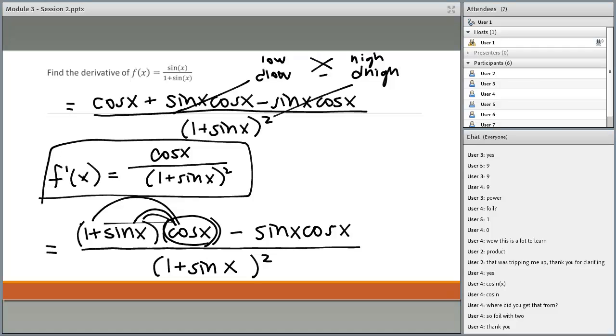I do always have to remember that the whole thing is divided by low squared, so the denominator squared, so that's where that comes in. And typically, if it's something that's fairly easy to simplify, I would simplify the numerator, and you don't simplify the denominator because it's basically factored and we don't want to unfactor it.